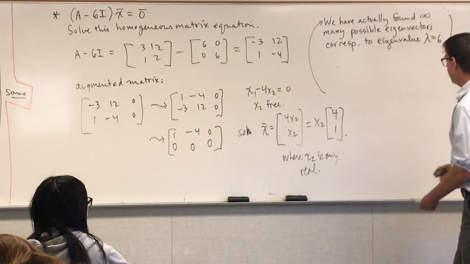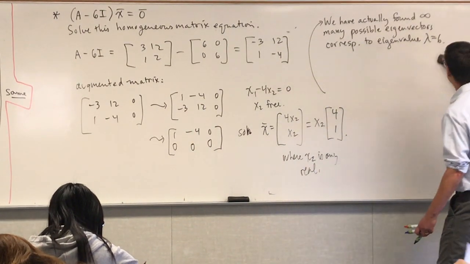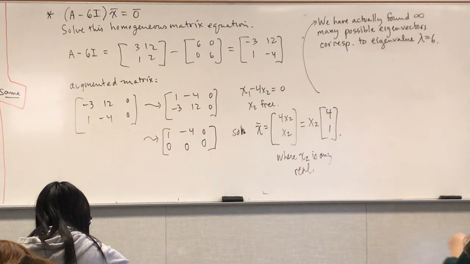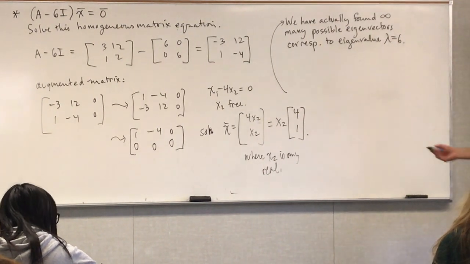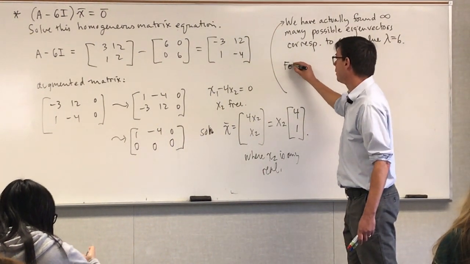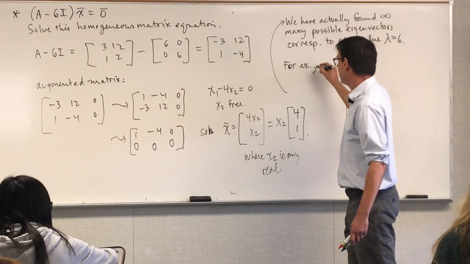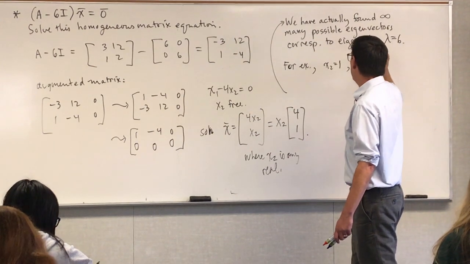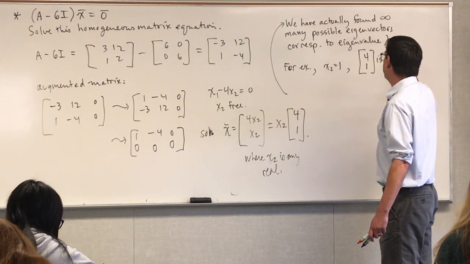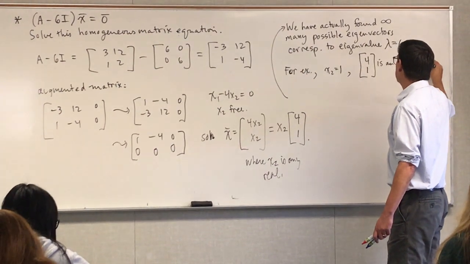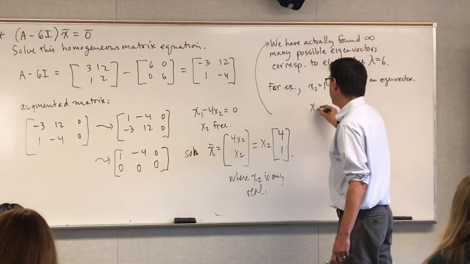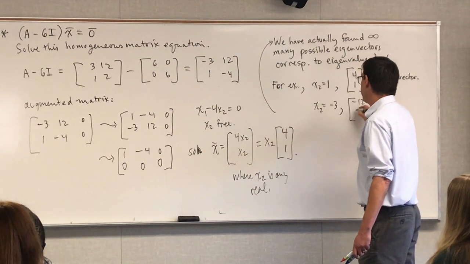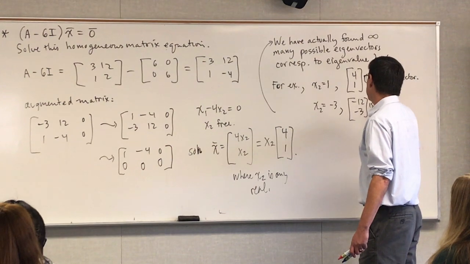We want to get used to using that lambda to denote eigenvalues. For example, if x2 equals 1, we get (4, 1) is an eigenvector. If x2 is equal to negative 3, (-12, -3) is also an eigenvector.